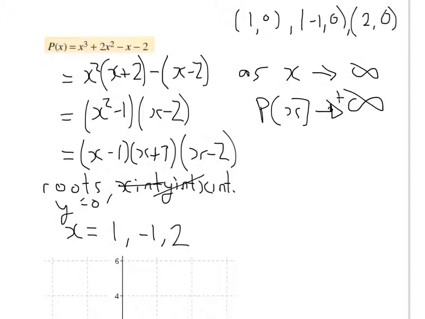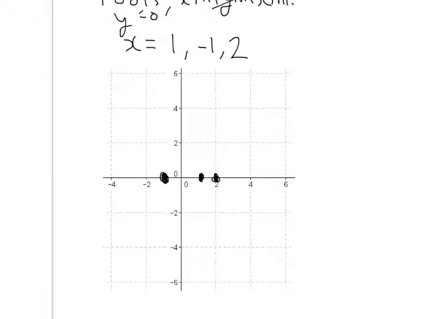More importantly, it approaches positive infinity, which means, if I go back to my graph, the exit wound, as it were, is going to be coming up from there. So my graph is going to be going up and down like that. So just remember that. It's coming down from there. It's starting in this area.